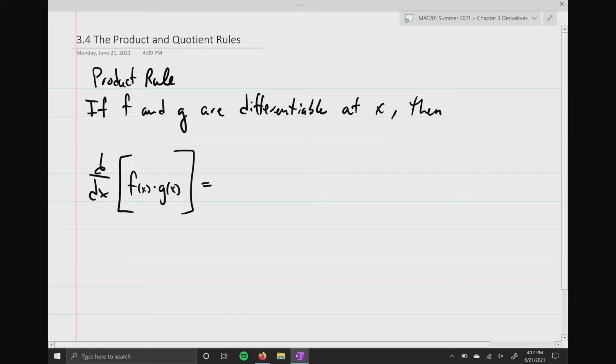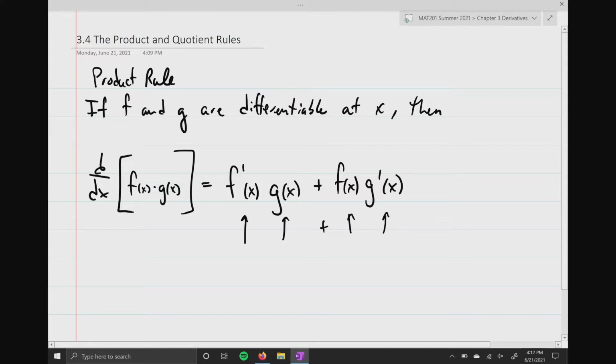This is going to equal the derivative of f times g of x plus the first function, which is f of x, times the derivative of g of x. Sometimes you'll hear people refer to it as the derivative of the first times the second plus the first times the derivative of the second.